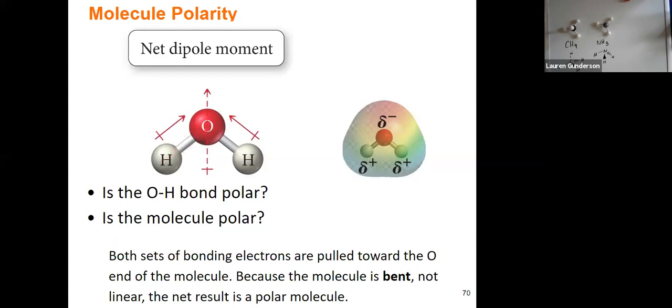Because you have a bent geometry, your dipoles cannot cancel one another out. They end up resulting in a dipole in this general direction towards that set of electron lone pairs that are up here. So we have a highly negative space up here, and we have positive areas by the hydrogens.